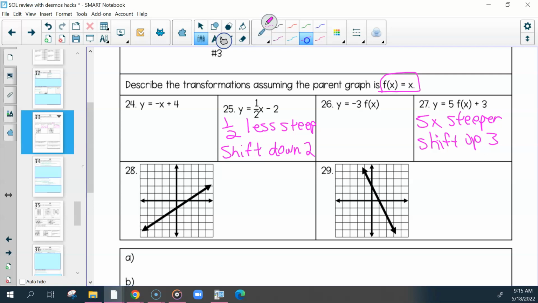If the number is greater than 1, then it's going to be steeper. If it's a fraction less than 1, then it would be less steep. If it's negative, that's its own thing. That's the reflection. Reflection is negative.